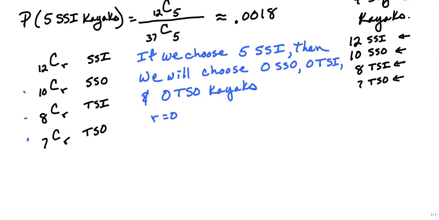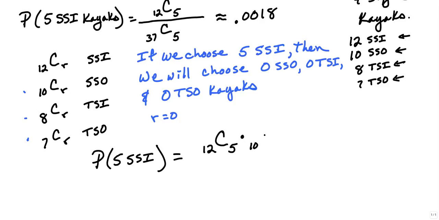If I write this probability out for the 5 solo sit-in kayaks, that's going to be equal to the fact that I have 12 solo sit-in kayaks, and I'm going to choose 5 of them. I'm also going to multiply that by the fact that I have 10 solo sit-on kayaks, but I'm not choosing any of them. I'm going to multiply that by the fact that I have 8 tandem sit-in kayaks, but I'm not choosing any of them.